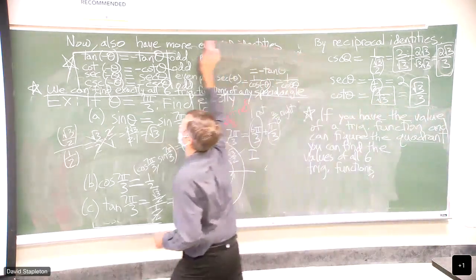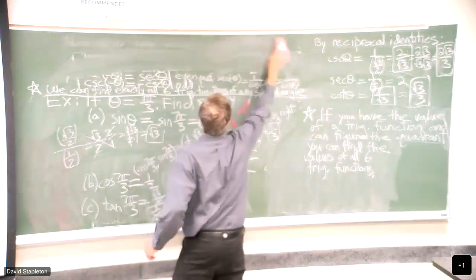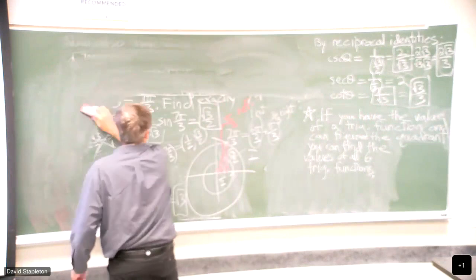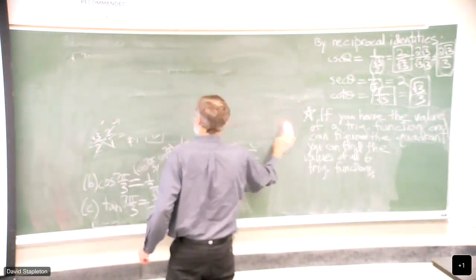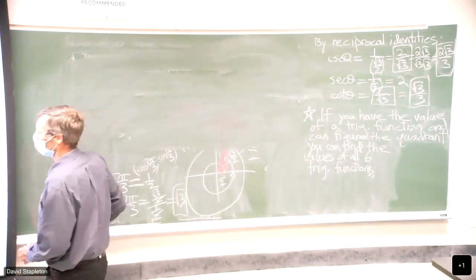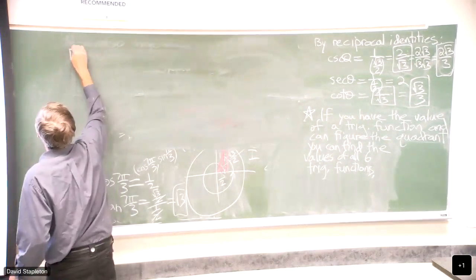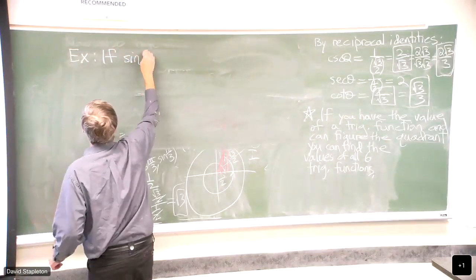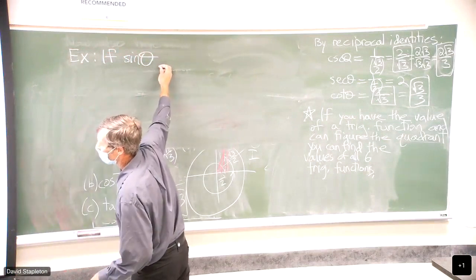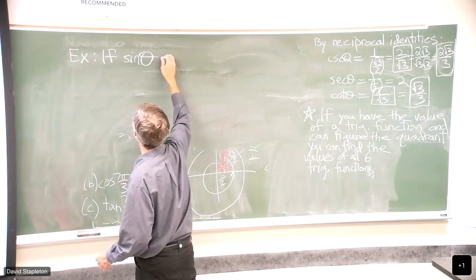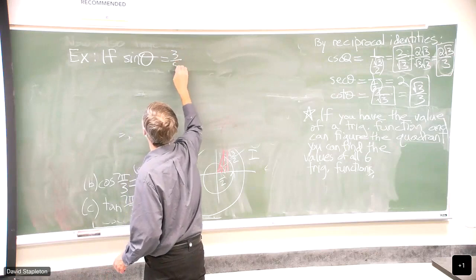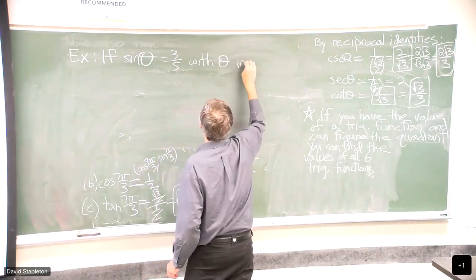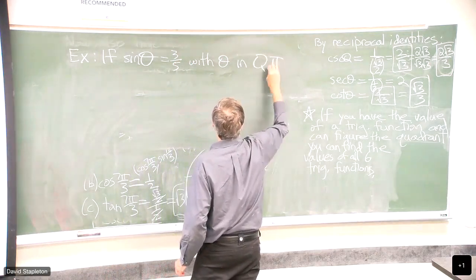So here's an example of the homework I want you to be able to do. Try these when you get home, because these are not real far away. Example: suppose that the sine of an angle, we don't even know what angle it is, is 3/5, with angle theta in quadrant 2. I'll write Q2 for brevity here.